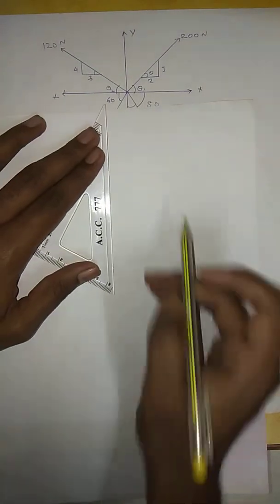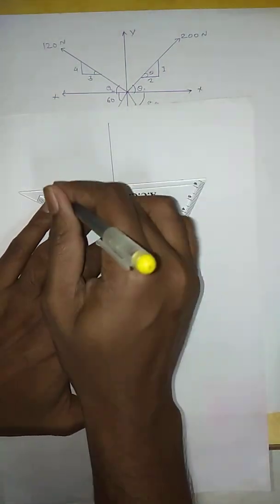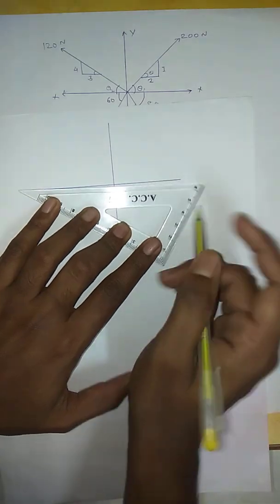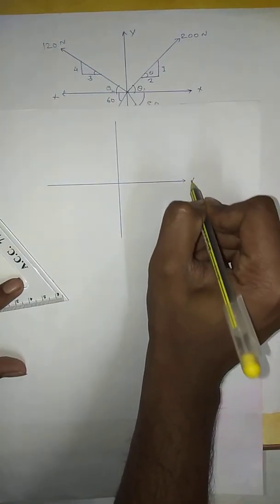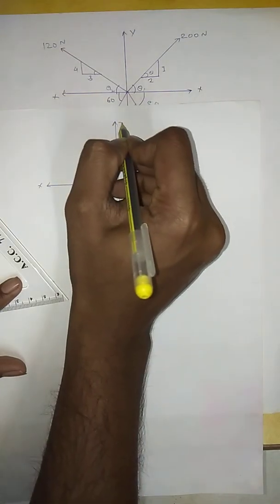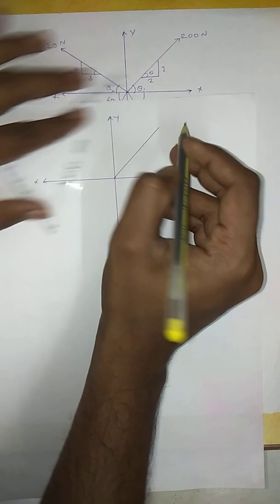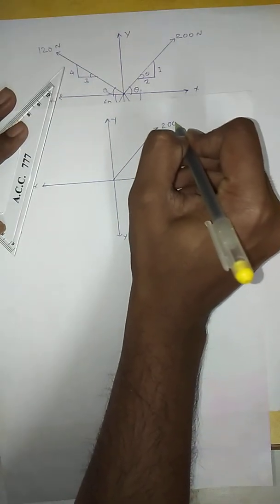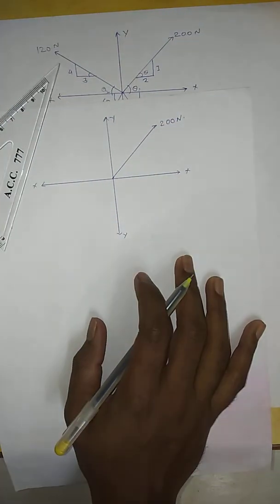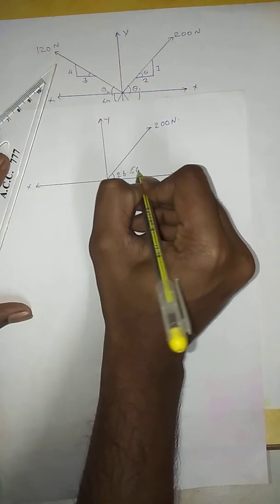I will draw the x and y axis first. So this will be our x axis, this will be our y axis. This is 200 Newton. Okay, this angle we have calculated 26.56.